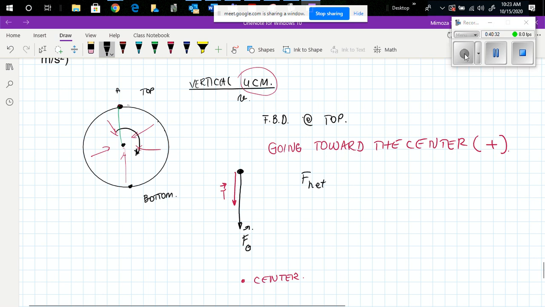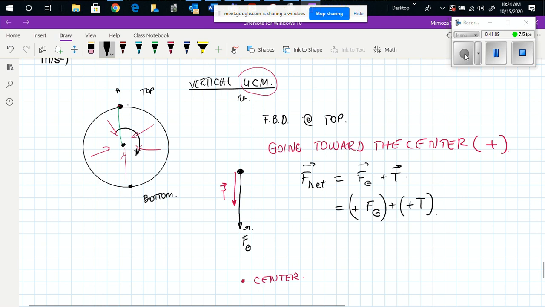Now, force net, as in every case that we have said, is the vectorial sum of all the forces that the object is experiencing. In this case, we have only those two forces, force of gravity and tension. Since both forces are going toward the center, the force of gravity will be positive and tension will be positive as well.